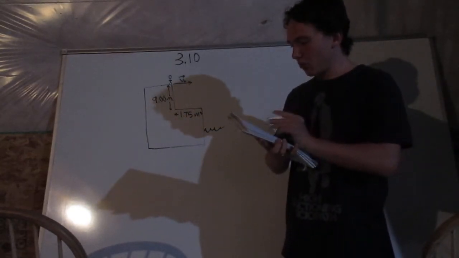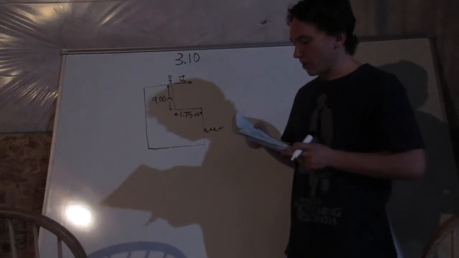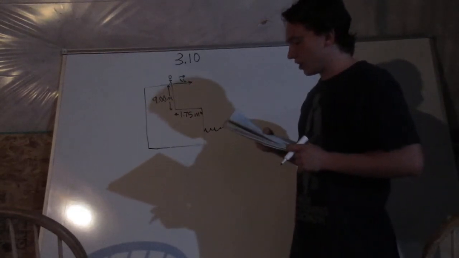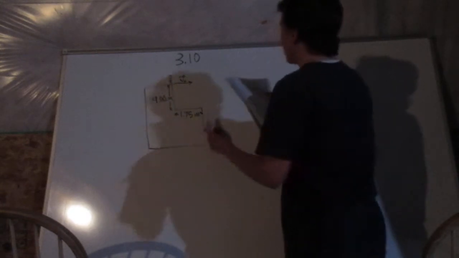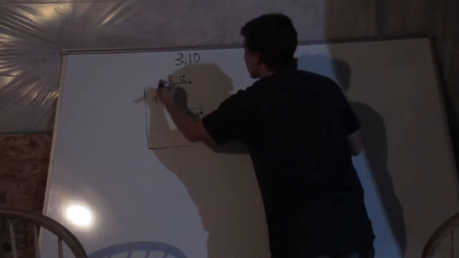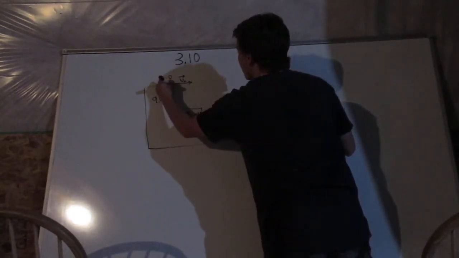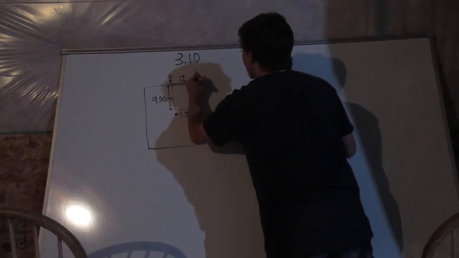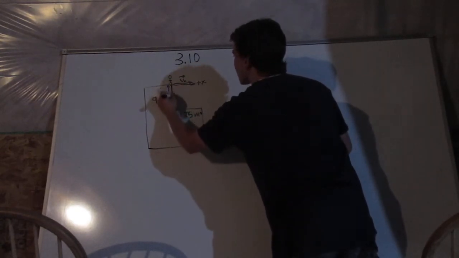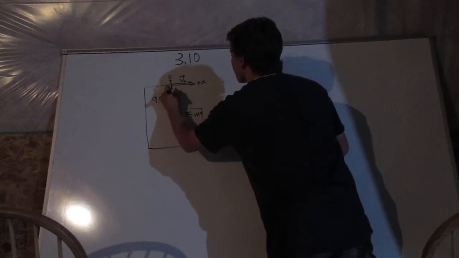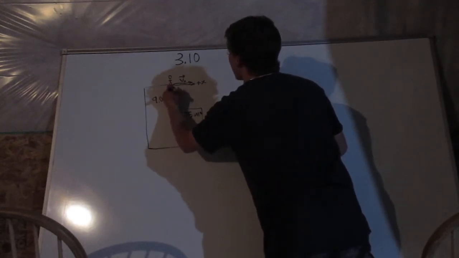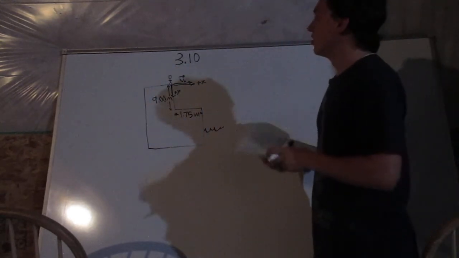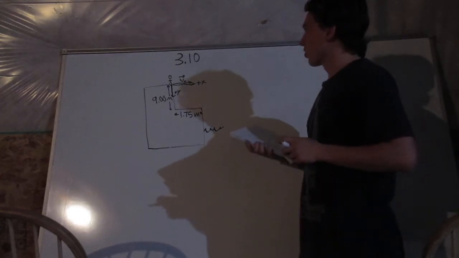So, when we're looking at this problem, there are a couple things we can look at of what we know. Let's establish a reference frame. I'm going to say that this direction is positive x, this direction is positive y. I think that's a frame that'll be pretty easy to work with.